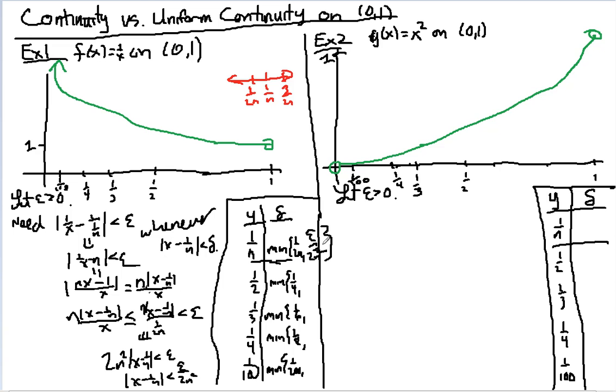So plugging 2 into this formula, I get epsilon over 8 here. I get epsilon over 18 for 3, and epsilon over 32 for 4. And when I get 100, I get epsilon over 20,000. I'm going to stop here, and I'm going to do the next example in the next screencast.